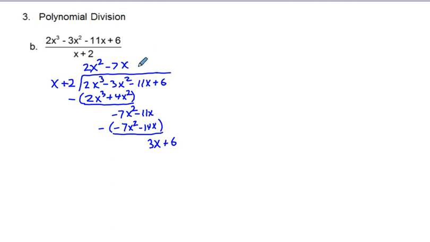3x divided by x is 3. So we put plus 3 here. 3 times x is 3x. And 3 times 2 is plus 6. And we subtract out this quantity and we get our remainder of 0. So in this case our answer, which is our quotient, and I'm going to put down quotient just for specificity, quotient is going to be 2x squared minus 7x plus 3.